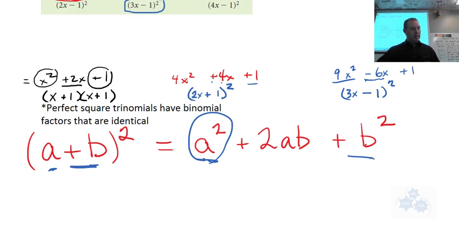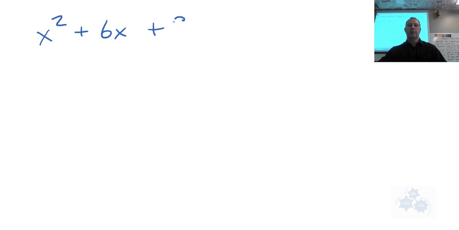So let's take a look at a couple of perfect square trinomials and see if you can do it. Are you ready? So let's say we have something like this: x squared plus 6x plus 9. If you factor this, you know how to factor this. This is pretty easy.